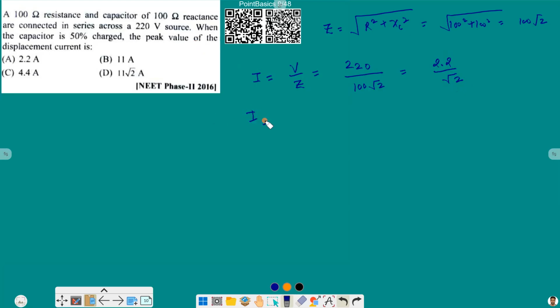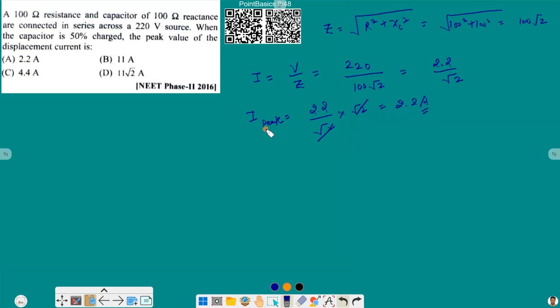So the peak value of this current. The calculation I am doing here is for the normal current, not for the displacement current. So I peak for the normal current will be root 2 times 2.2 divided by root 2, so it will be 2.2 ampere.